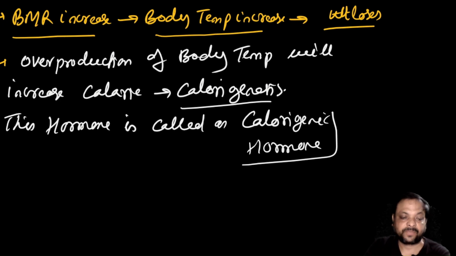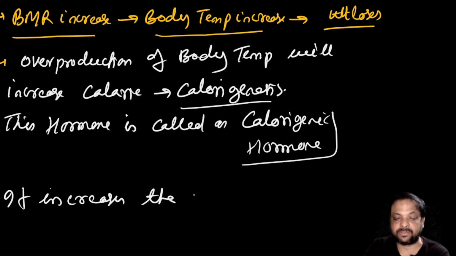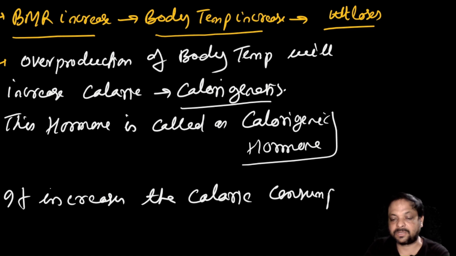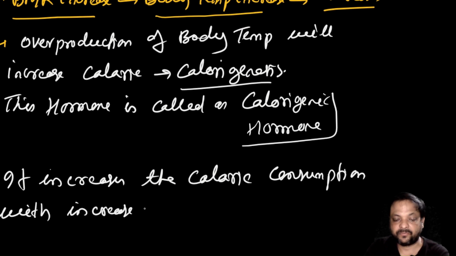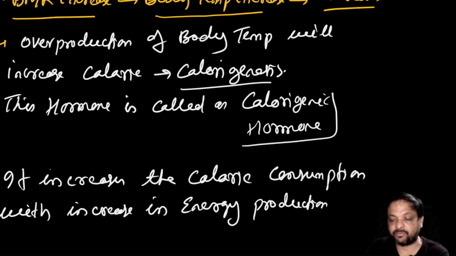Got it? Now the next role: it increases the calorie consumption with an increase in ATP, with an increase in energy production. It also helps in increasing the energy production of your body.